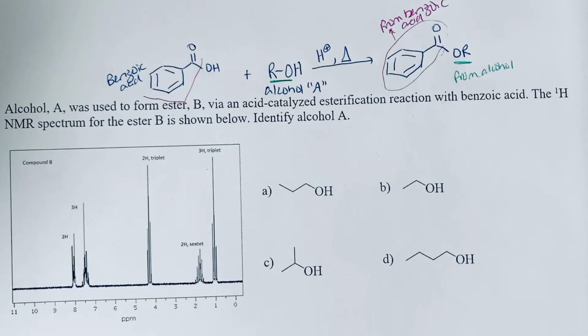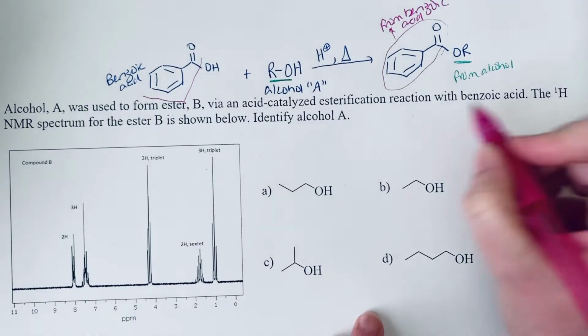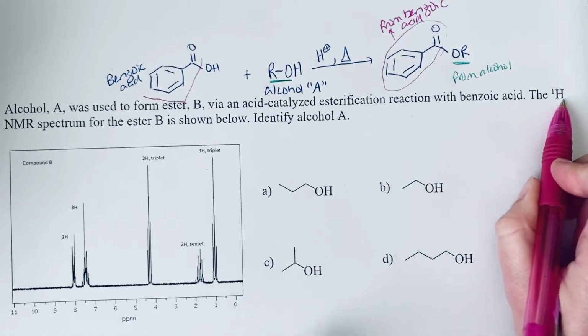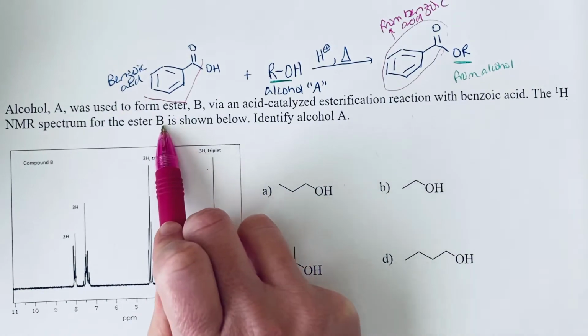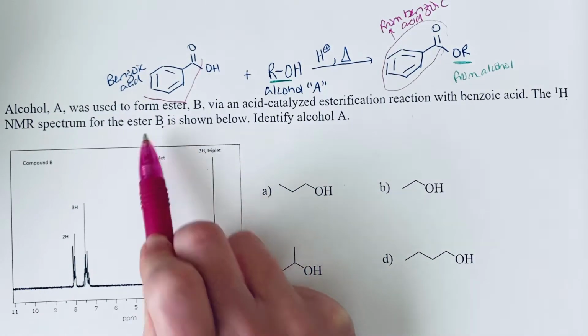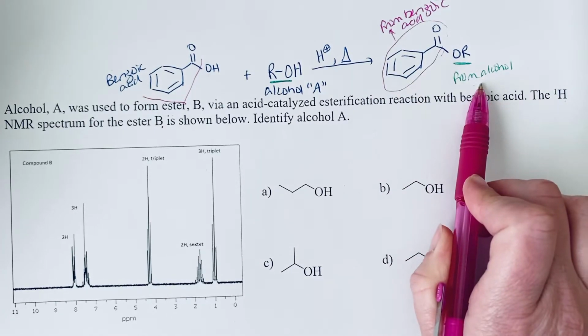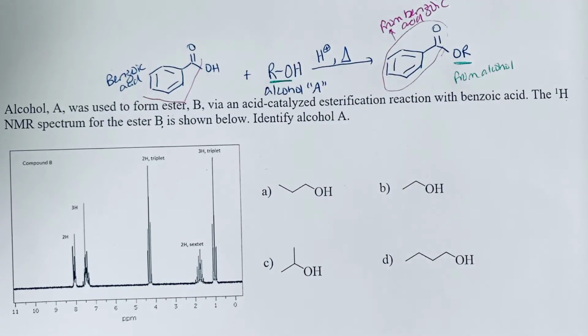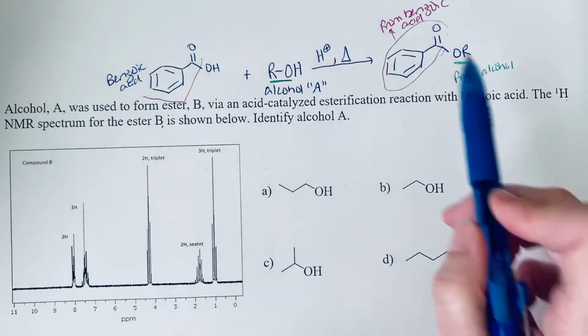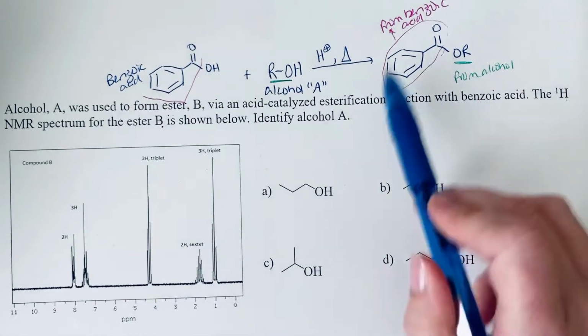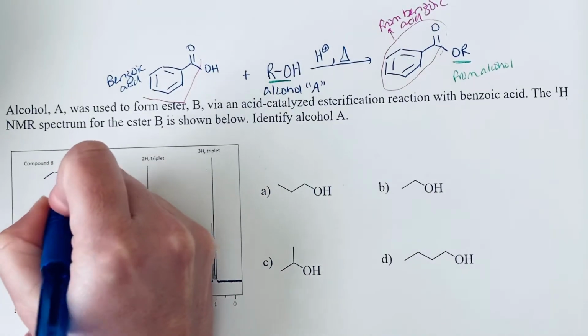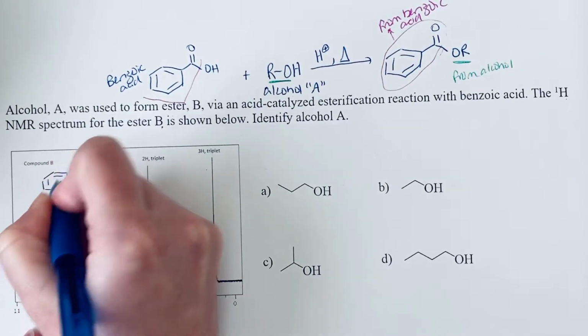If we go to the next sentence, it tells us that we have the proton NMR spectrum for the ester B. So we have the proton NMR spectrum for the ester, and then from that structure of the ester, we need to backtrack and get the structure of the alcohol A. It might be worth drawing this general form of the benzoate ester on our spectrum.